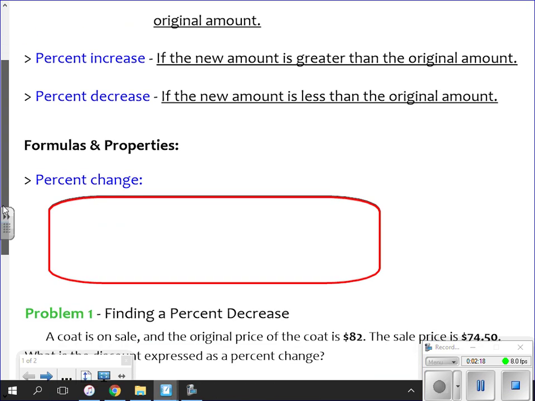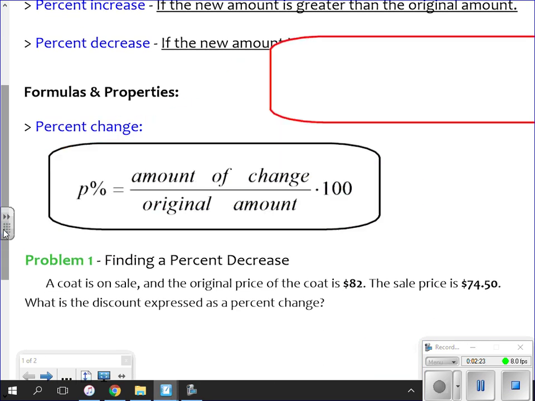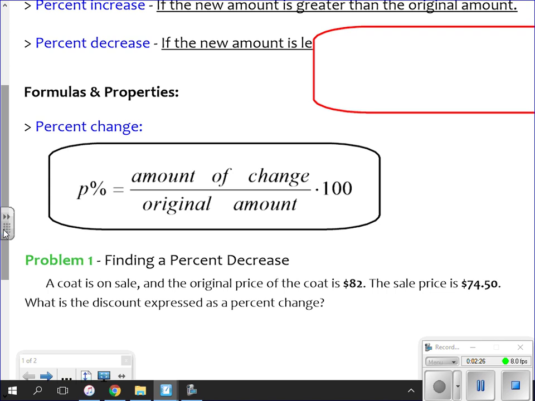So there is a formula you're going to use for everything today. It's actually not a difficult formula. Your percent change, and this is what you're going to need your calculator for, is the amount of change. When you do the amount of change, you always want to do big minus little, the larger of the two numbers minus the smaller of the two numbers, divided by the original amount.